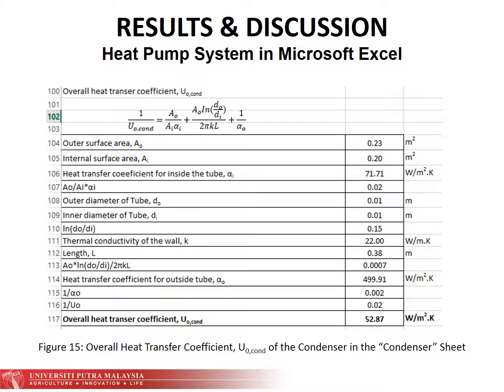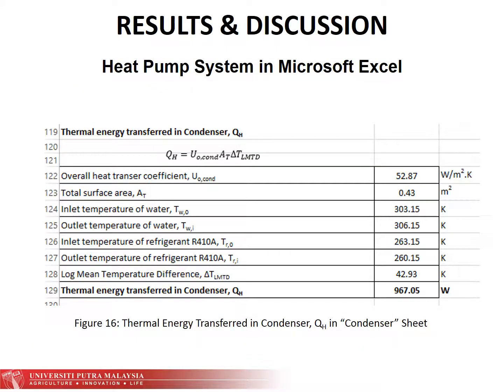And the overall heat transfer coefficient of the condenser is calculated by using the equations shown in figure 15. Afterward, the overall heat transfer coefficient of the condenser is linked to the calculation of thermal energy in the condenser. And figure 16 shows the thermal energy transfer calculation in the condenser part.